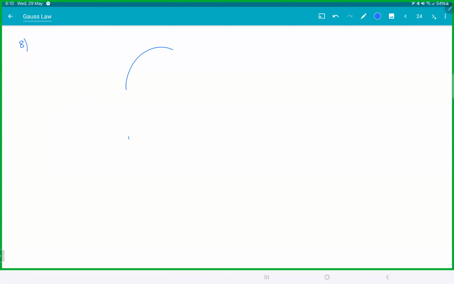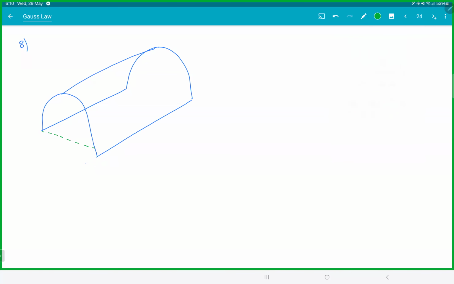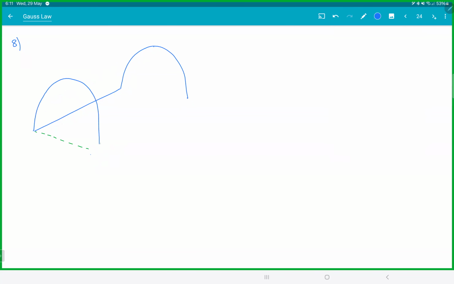We have a, so this entire base is a charged sheet.